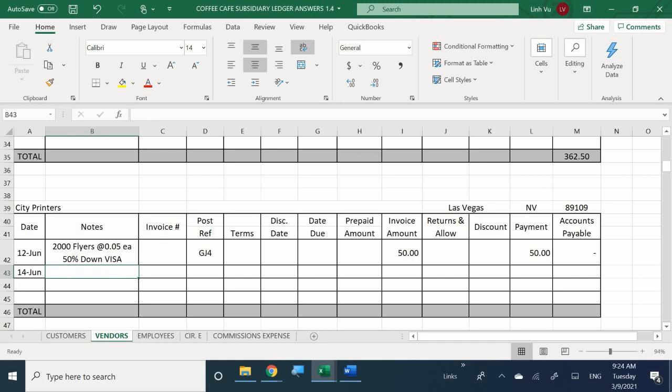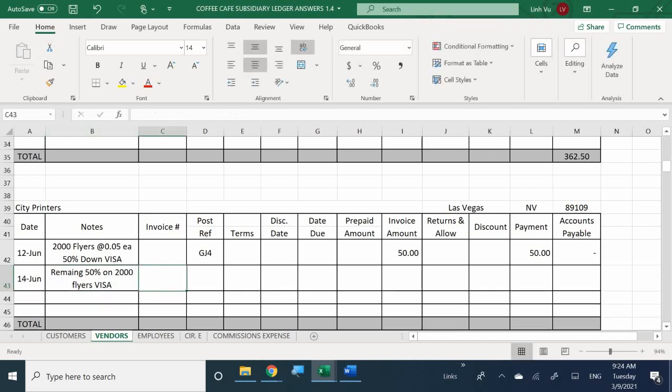Remaining 50% on 2,000 flyers. And I paid with the Visa. Okay. No invoice. General journal number 4.